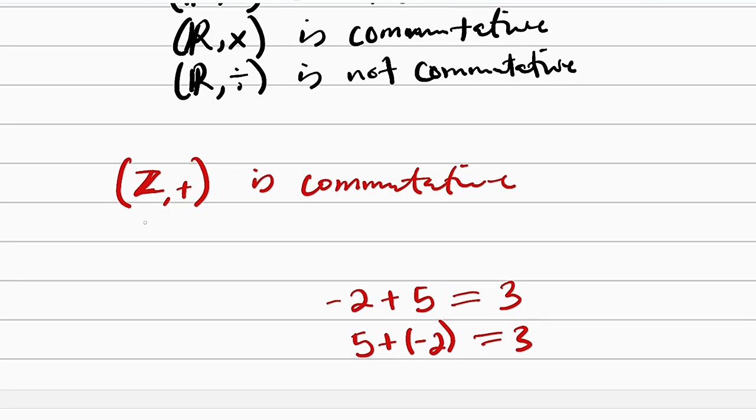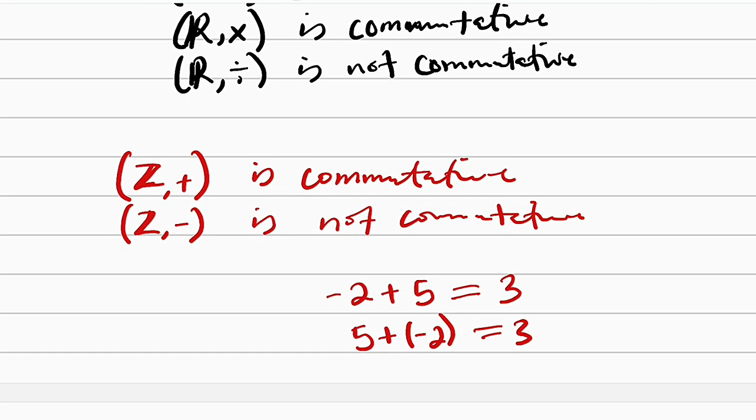What about subtraction? Don't even waste your time. It's not. The same thing, it follows the same strategy as for real numbers. Multiplication under the set of integers is commutative.